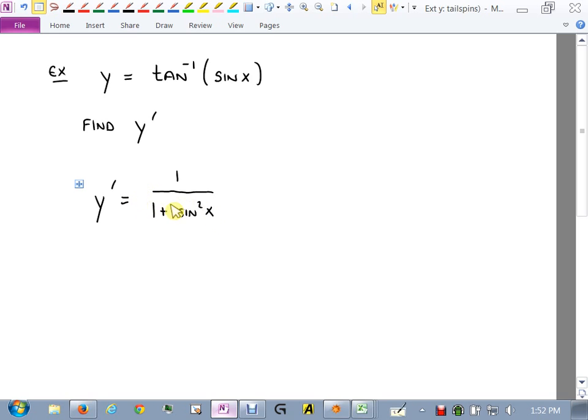That's the first part. Does everyone see that? Derivative of arctangent of my yellow cursor is 1 over 1 plus my cursor squared. Then go inside, take the derivative of sine x inside, which is cosine x. And so you could just slide the cosine on top and leave it like that. And that would be fine, just like that.